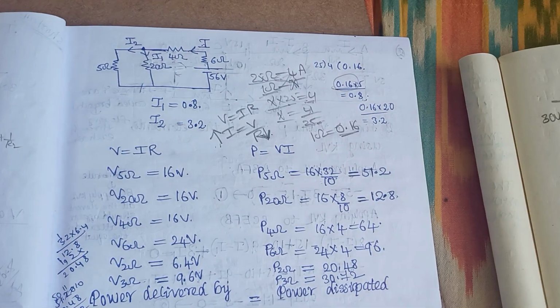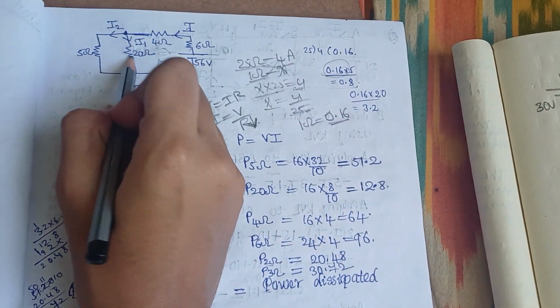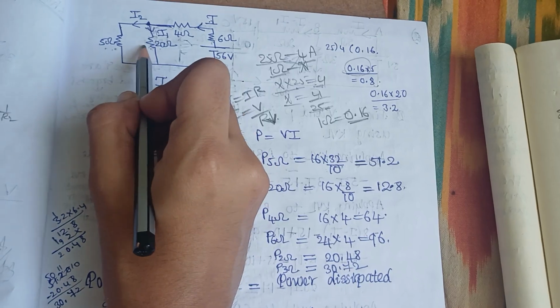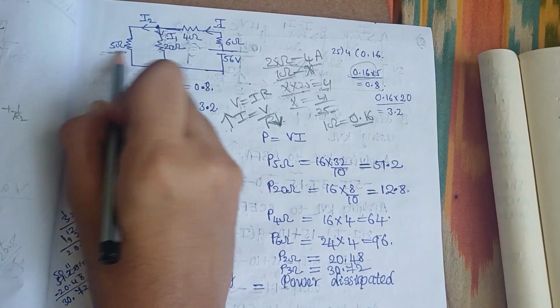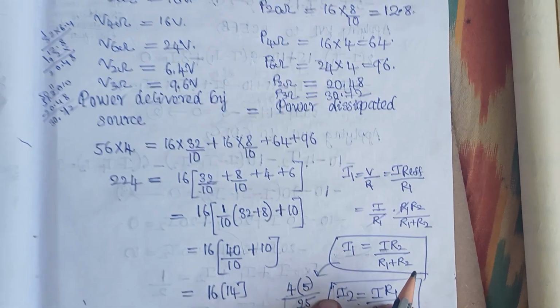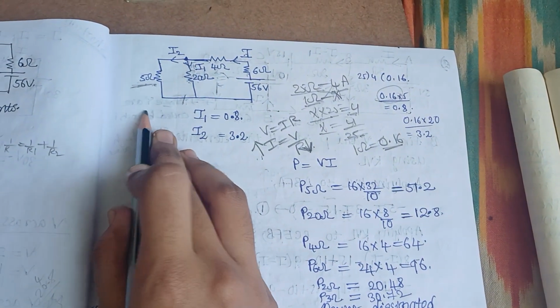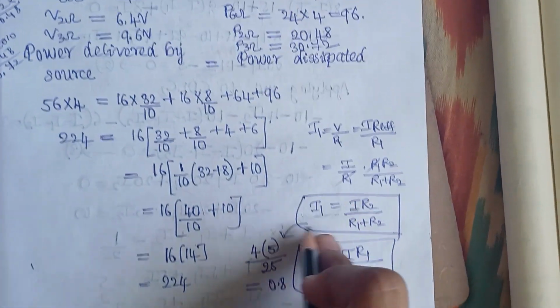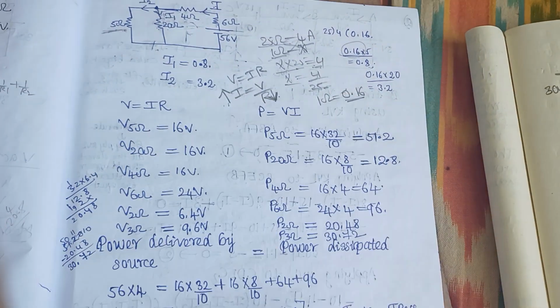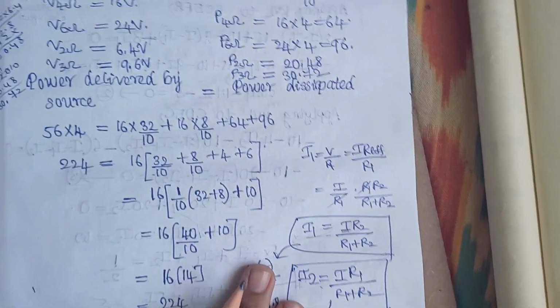And for I1 the opposite resistor should be considered. Since this is your I1, the resistor opposite to this I1 is 5 ohm, right? So 4 into 5 by R1 plus R2, which means 5 plus 20, 25. On calculating this, you will get 0.8, which leads to the same result in both cases, right?